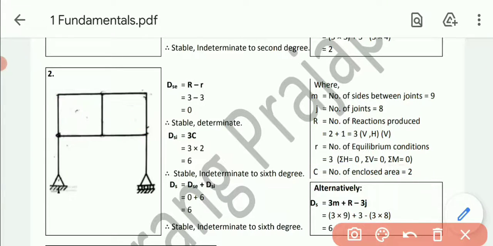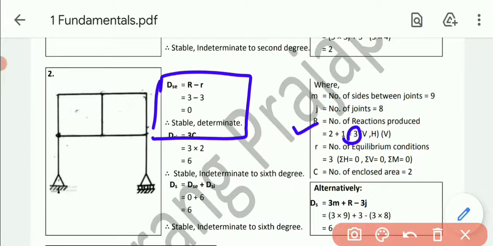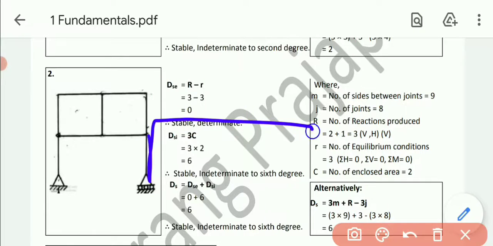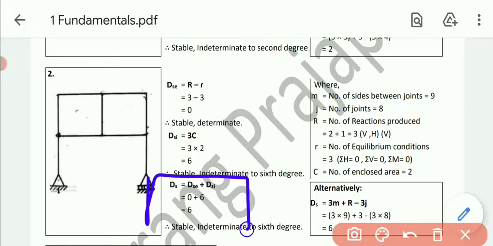Now I can solve the formula DSE, capital R minus small r, 3 minus 3, the answer comes 0, a stable and determinate structure. Then DSI is 3 times C, C is 2, so 3 times 2, the answer comes 6, stable and indeterminate to 6th degree. Finally DS, DSE plus DSI, 0 plus 6, the answer comes 6, stable and indeterminate to 6th degree.